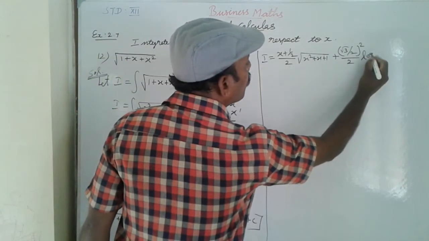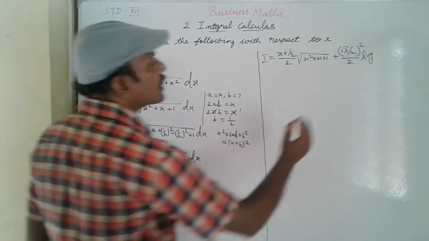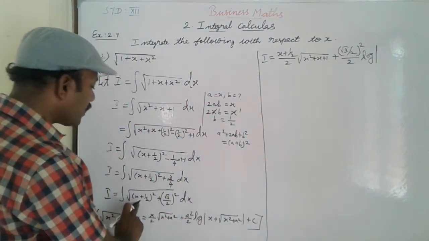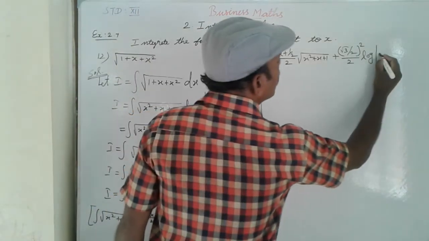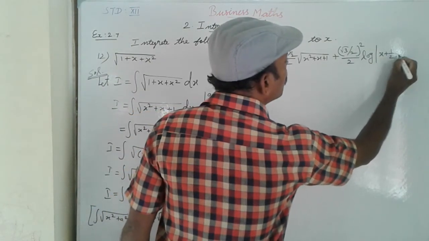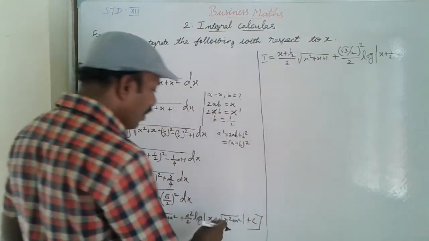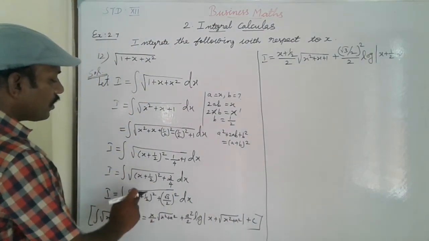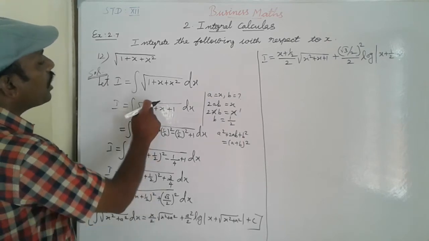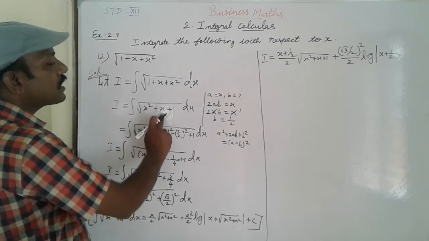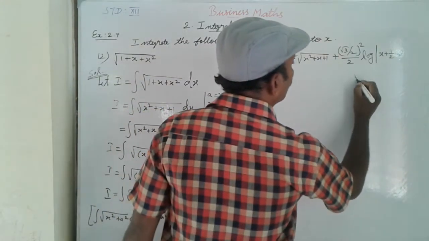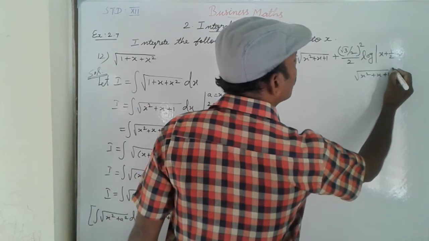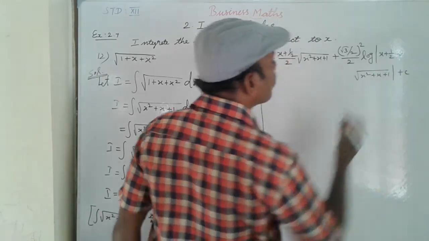Next, log of modulus x plus, where x is x plus 1 by 2, plus root of x square plus a square. We know that root of x square plus a square is root of x square plus x plus 1, plus c.